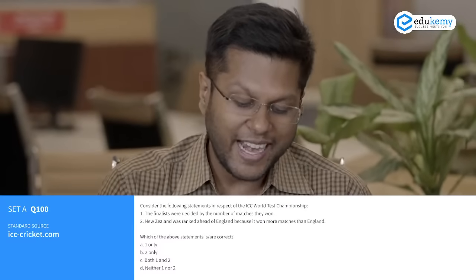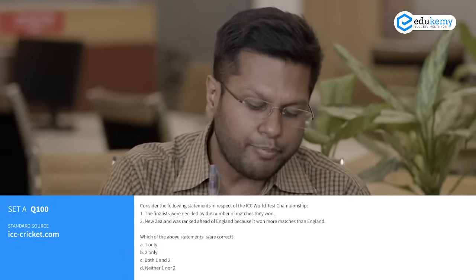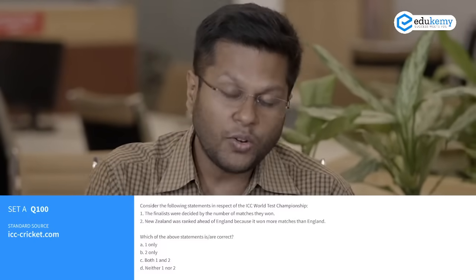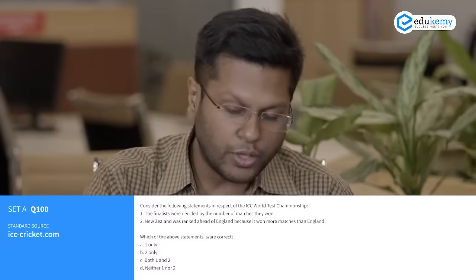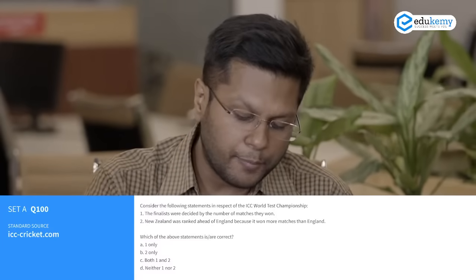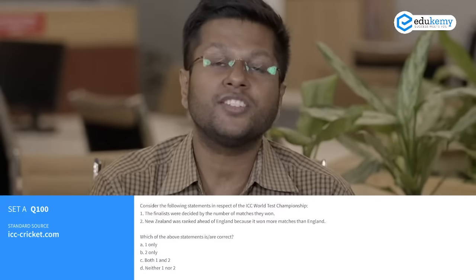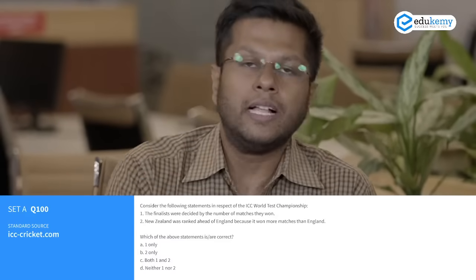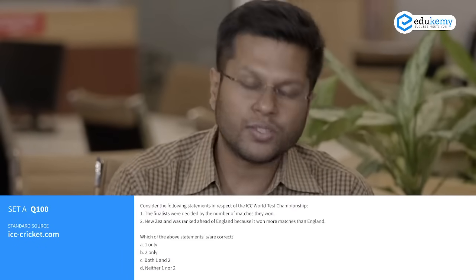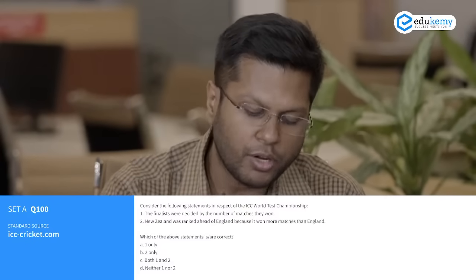Earlier, we would see India, England would be at the top and then Australia and New Zealand. But this is not how the finalists were decided. They were decided on the percentage of points earned because a lot of countries could not play the games, right, because of COVID time. So points was a different pattern. It was not the number of matches they won.